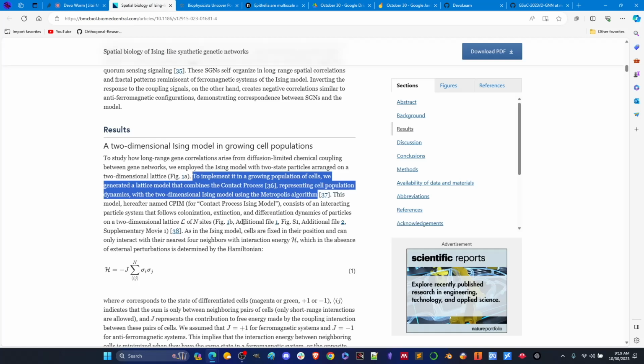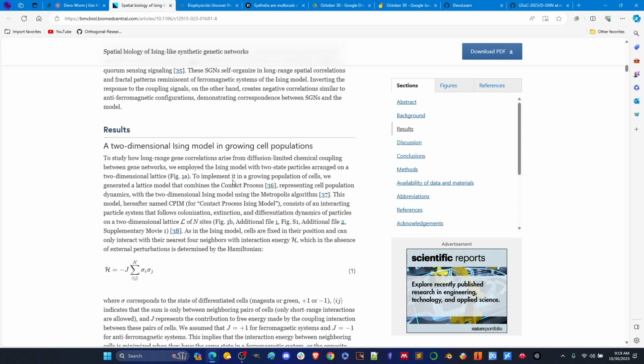Okay, so then they talk about how we implement this in a growing population of cells. We generated a lattice model that combined the contact process, which is citation 36, which is this paper from 1974, contact interactions on a lattice. And this is where you have a two-dimensional lattice, and the cells are interacting, and there's this contact process.